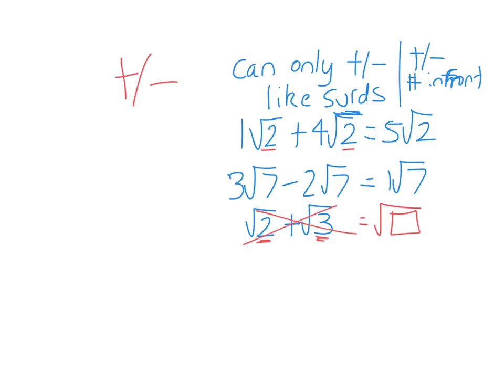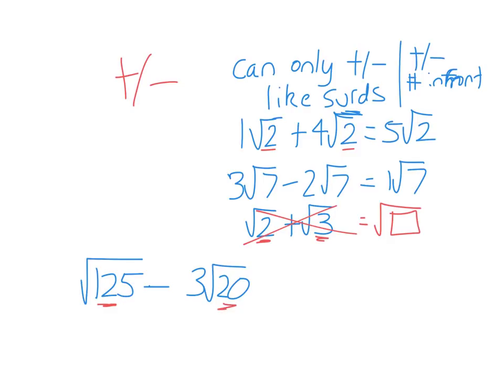So let's say I wanted to simplify something like the square root of 125 minus, let's say, 3 root 20. Now, it probably looks like these are not like surds, because one has a 125 underneath the square root, one has a 20.